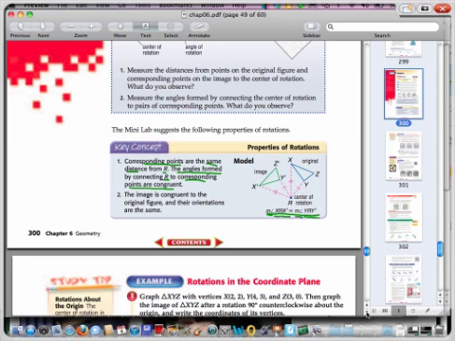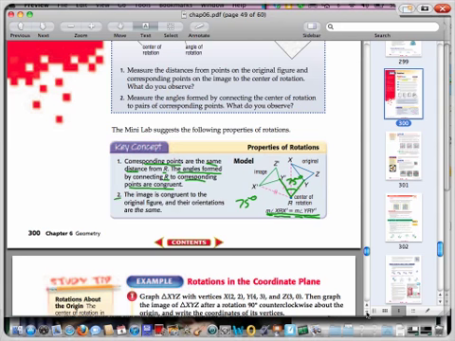So the measure of angle XRX prime is something, let's say that was 75 degrees. Then that is going to be the same as from Y, R, Y prime. That would also have to be 75 degrees. So in other words, every point has been rotated the exact same amount of degrees. That's what they're trying to get across there.